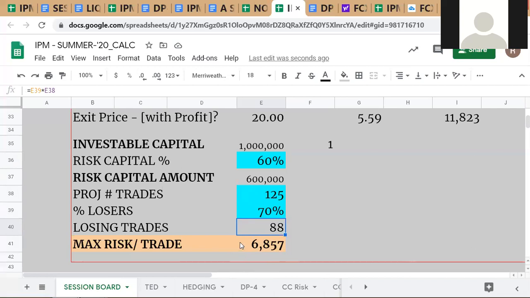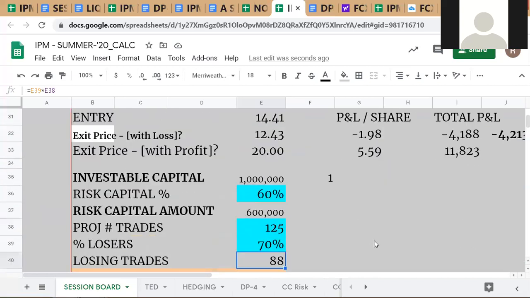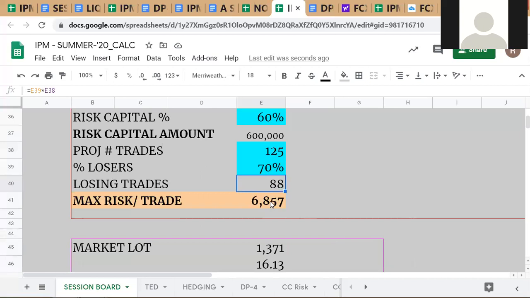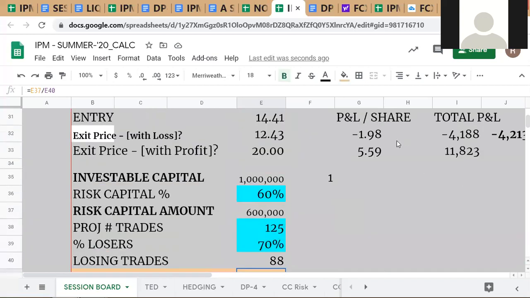Clear? Yes, sir. So, sir, this would be applicable only if the share prices are in the figures we've mentioned above, the investable capital? Yes. So this calculation is not a function of the share prices that we have discussed here.